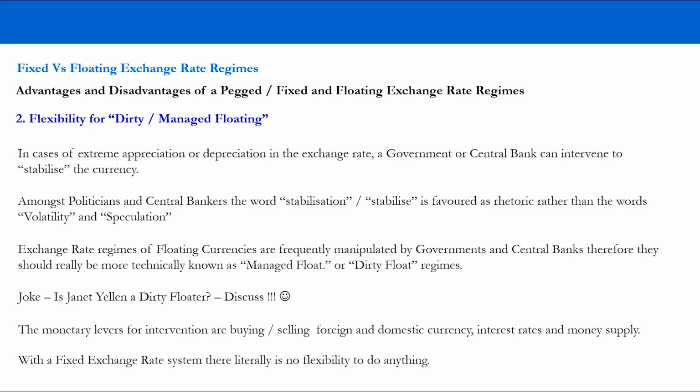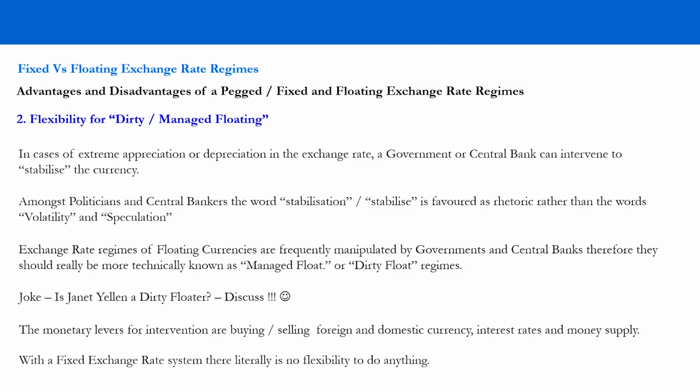With a fixed exchange rate system, there's literally no flexibility to do anything. So this can be a good thing, and it can also be a bad thing. And it can be a bad thing because it just gives license to central authorities to do whatever they want, whenever they want, potentially. So it can be a good and a bad thing.